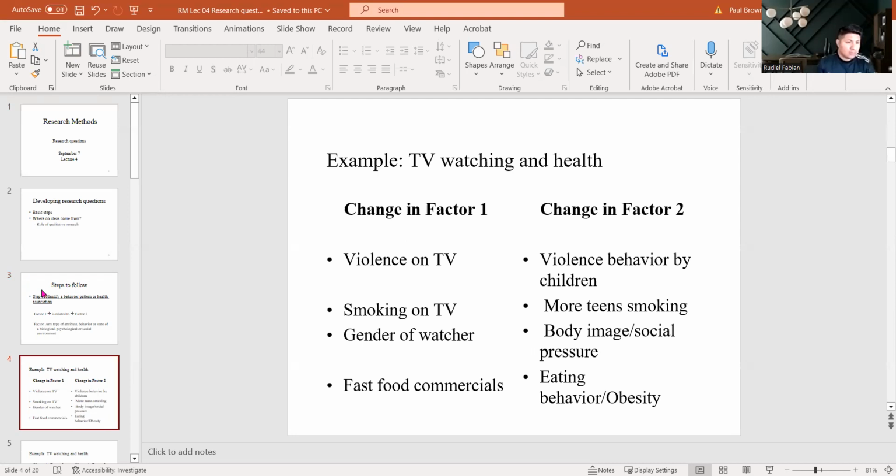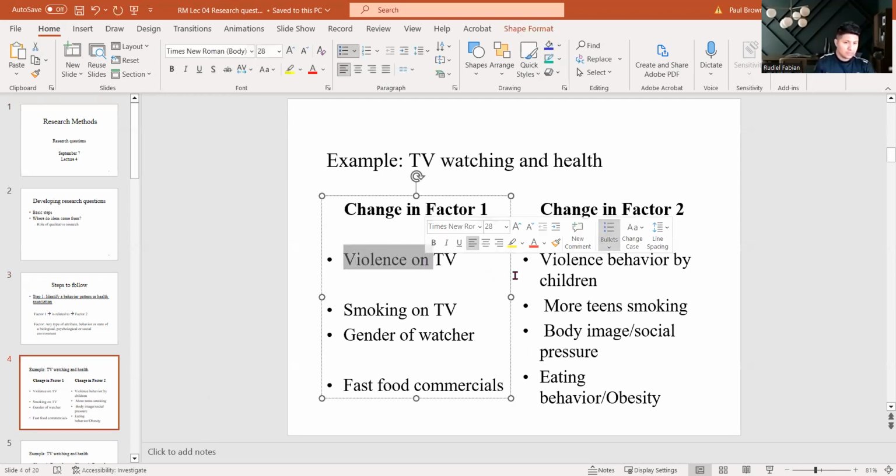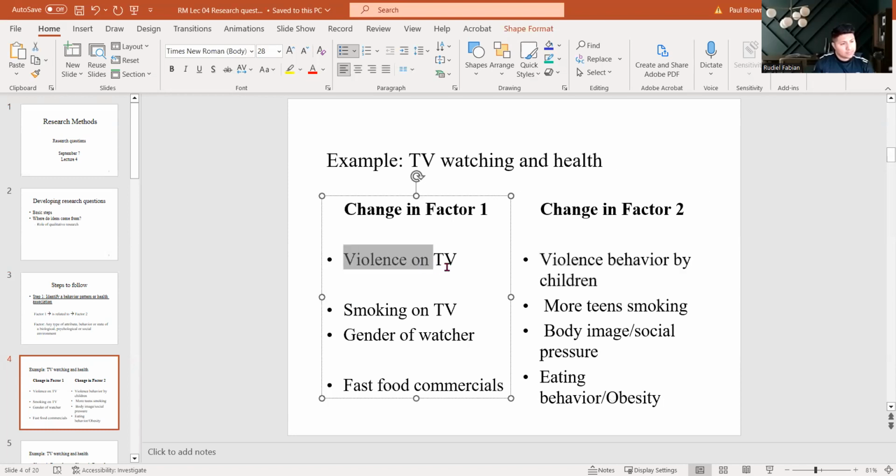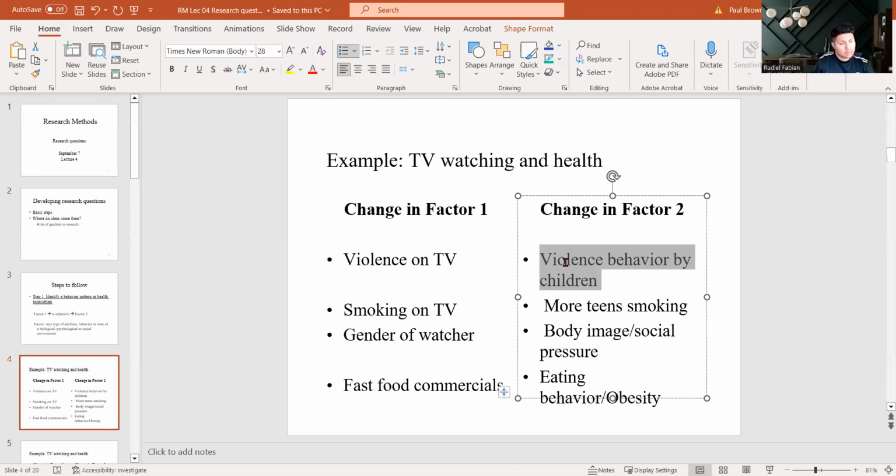For example, let's say that you think violence on TV causes violent behavior in children. Here's one factor, violence on TV, and it's going to cause a change in the second factor, namely the amount of violent behavior by children.